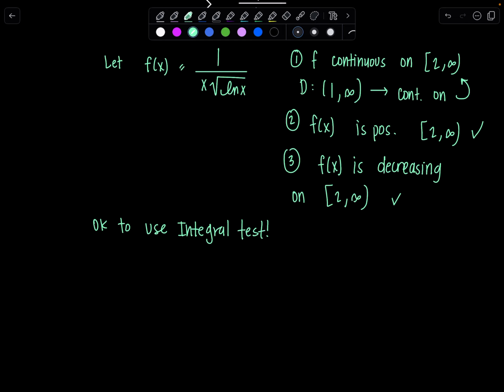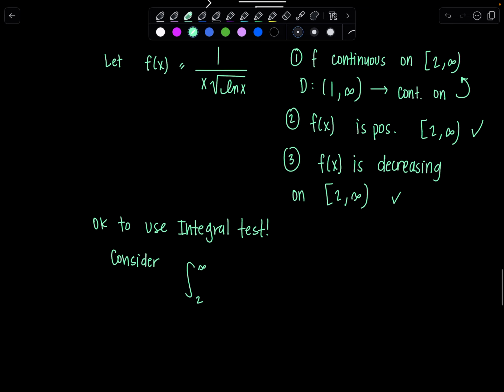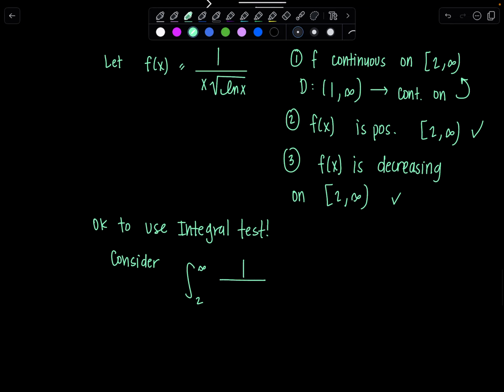Okay, so now we say let's consider the improper integral from 2 to infinity, so I have to make my limits of integration match the limits of the sum, of f of x dx. So that would be 1 over x radical natural log of x dx.